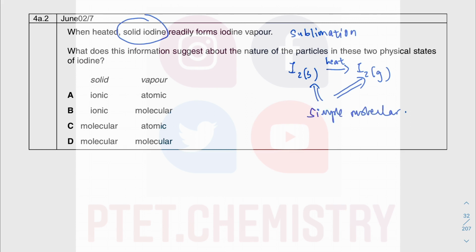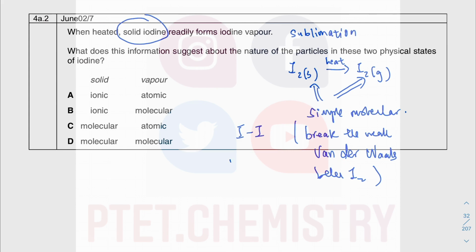What happens with simple molecular structure is that you do not break the covalent bond, but you simply break the weak intermolecular forces, which is just van der Waals between the I2 molecules. You don't break any other intermolecular forces simply because it's iodine bonded to itself.